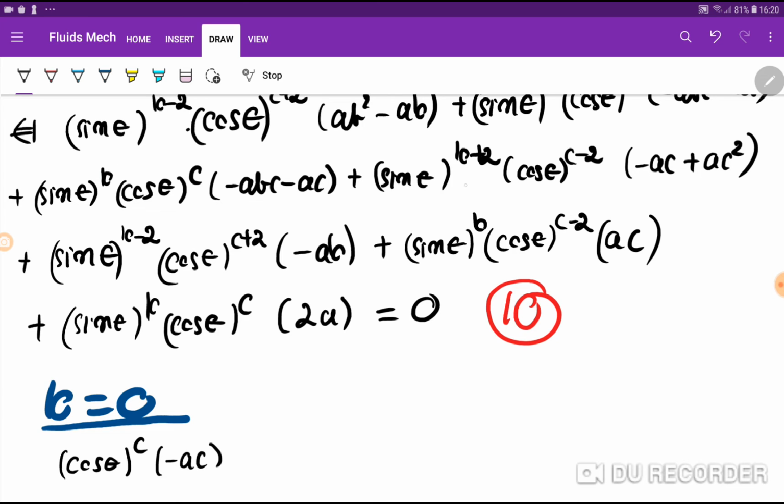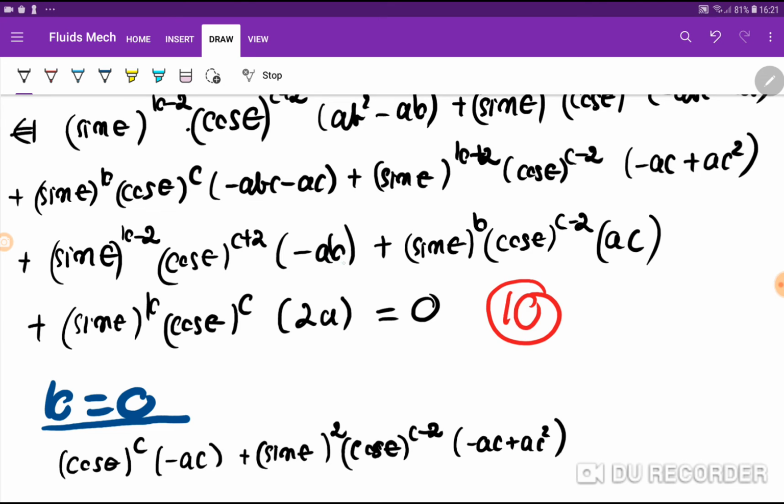This term, can we cancel out? No, we cannot. We have sine theta to the power of 2 times cos theta to the power of c minus 2 times negative ac plus ac squared.